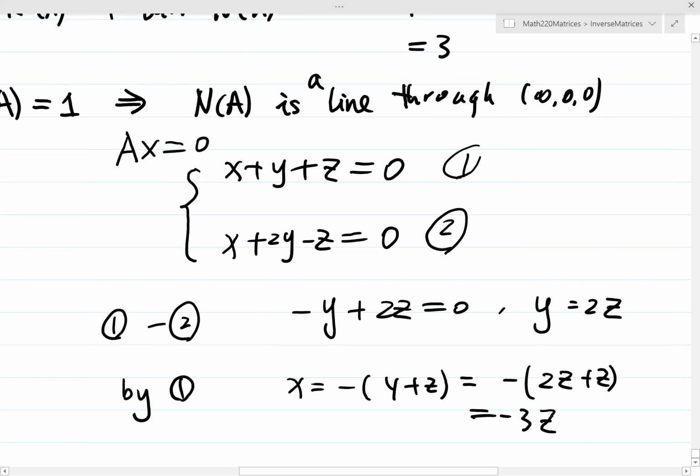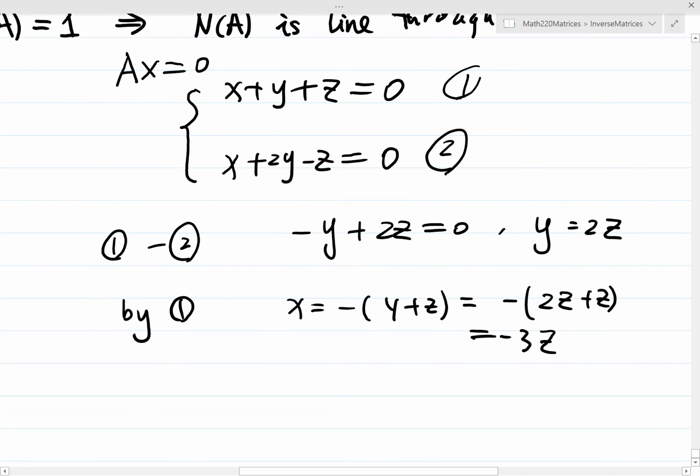If we choose z as a parameter, the general solution, the null space, consists of vectors of the form xyz, where x is negative 3z, y is 2z, and z is z.